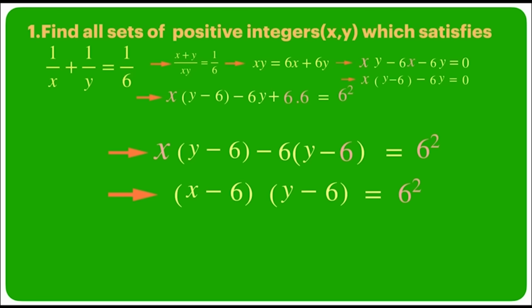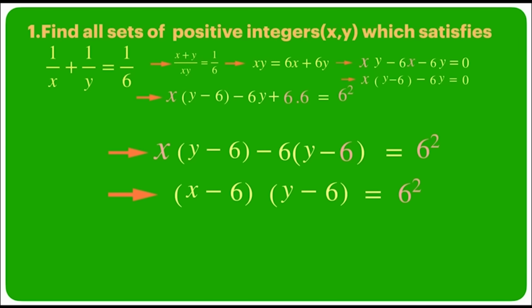So here 6 square will give the complementary factors of x minus 6 into y minus 6, and from the complementary factors we can easily get the values of x minus 6 and y minus 6. From x minus 6 we can easily get the value of x, and from y minus 6 we can easily get the value of y.